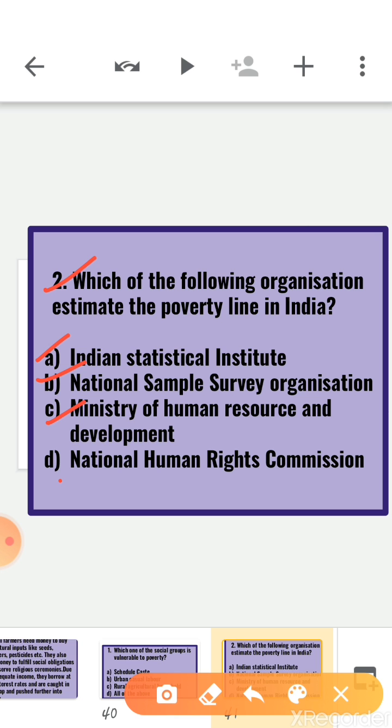Okay, so option B is the correct answer. So basically, the National Sample Survey Organization estimates the poverty line in India. Clear? NSSO, National Sample Survey Organization.